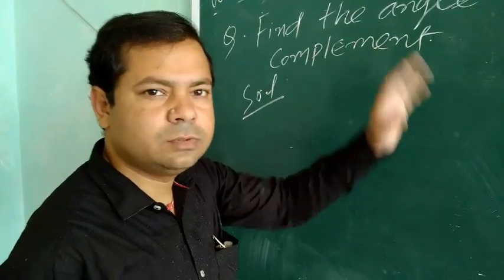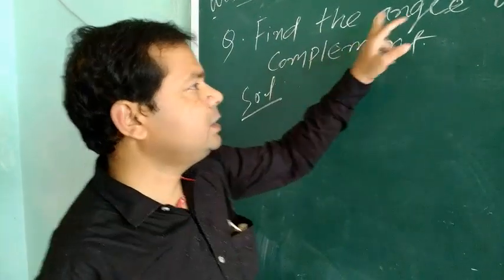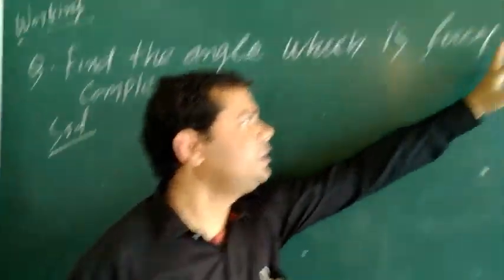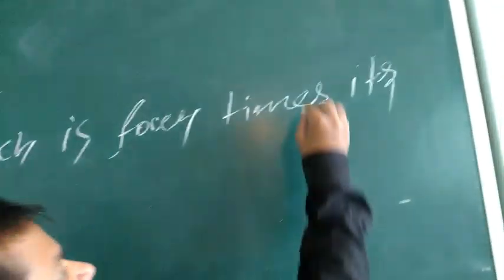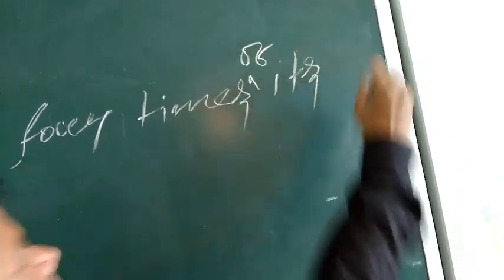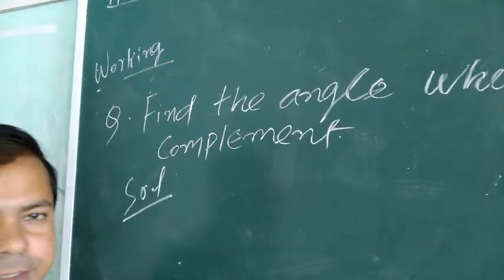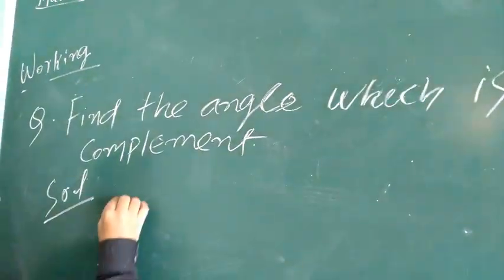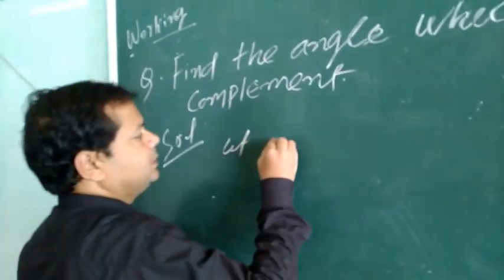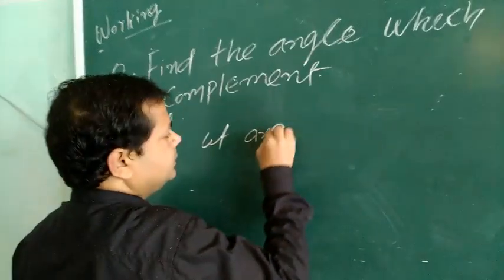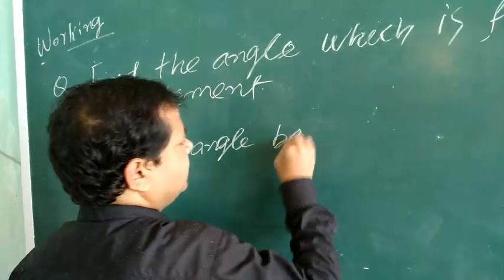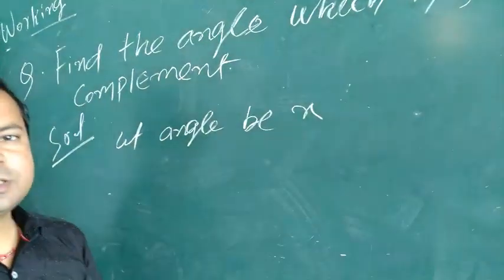Consider another question. The question is: find the angle which is 4 times its complement. In the same way, let the required angle be x. Then what will be its complement?